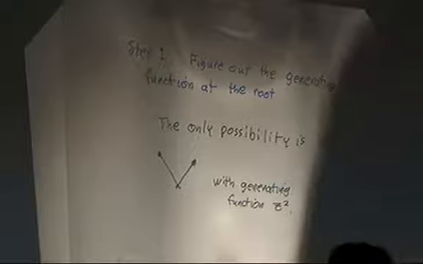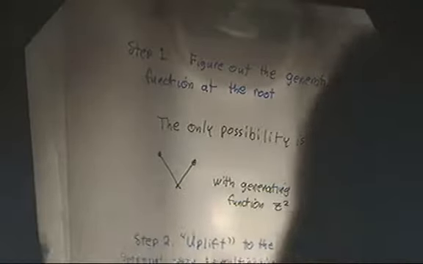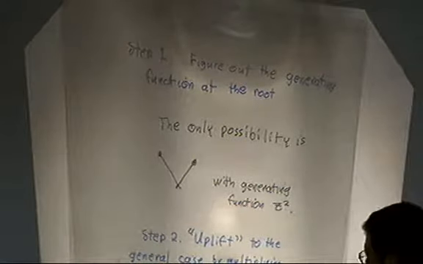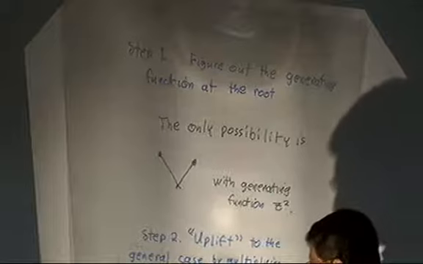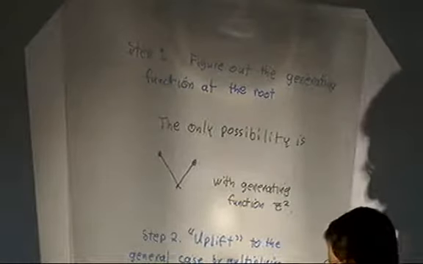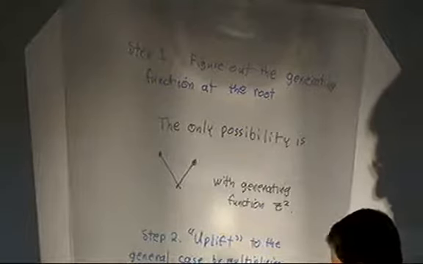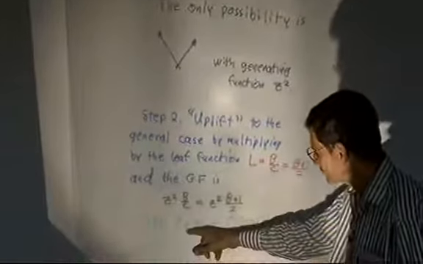Well, that's half. We multiply by this, and we get the generating function, z squared times B over C, or B plus 1 over 2. And in this particular case, there's no more to do.